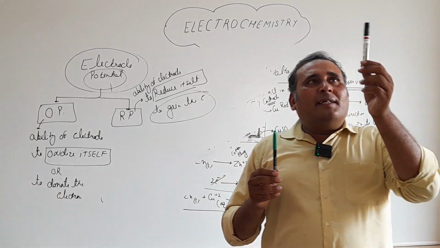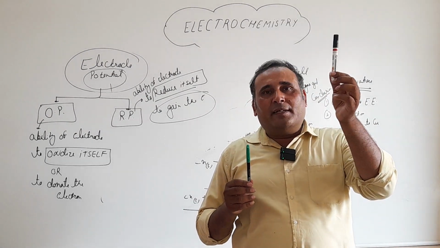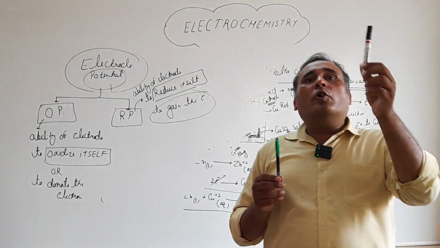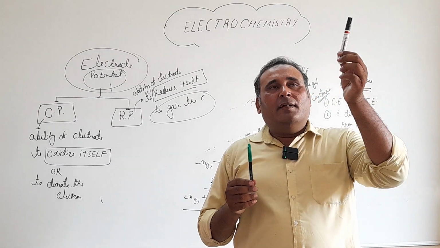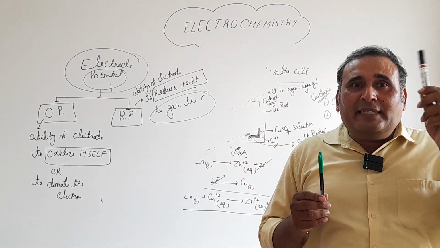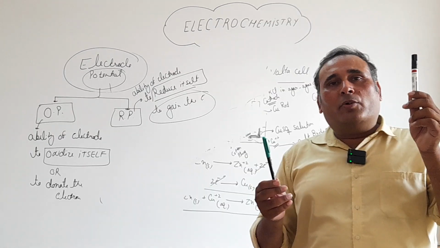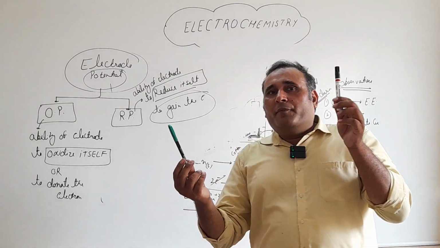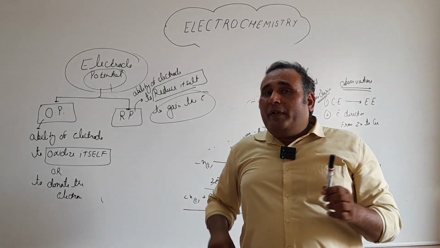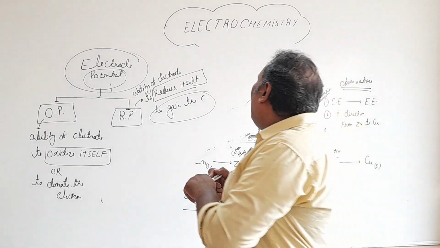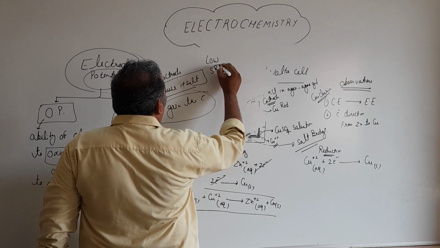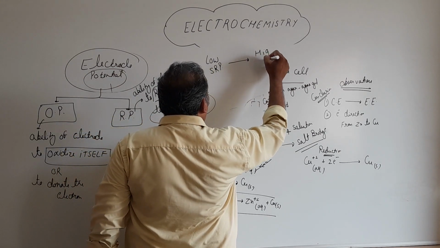It means its ability to reduce itself, or to gain electron, is higher compared to this electrode. So this electrode will donate electron and this will gain electron. Simply, we can say the electron travels from low SRP electrode to high SRP electrode.